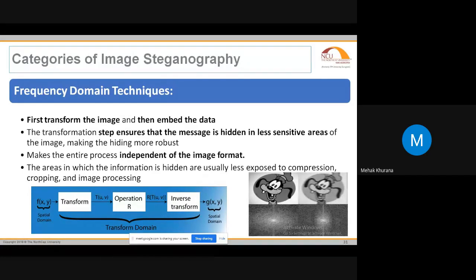It is independent of the image format, because we do not need to know whether it is JPEG, GIF, or any other format, as it has been converted into frequency. It has been transformed, so the actual format will not be known. Here we can use lossy compression techniques, because information can be lost when we convert into the frequency domain.